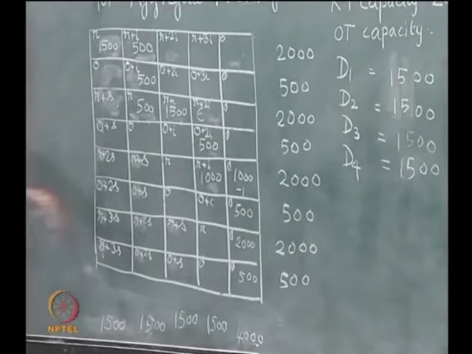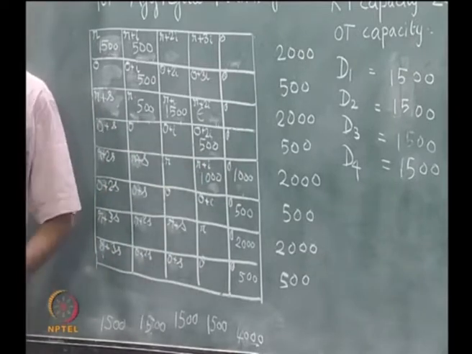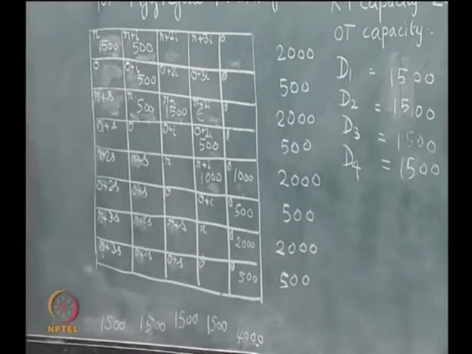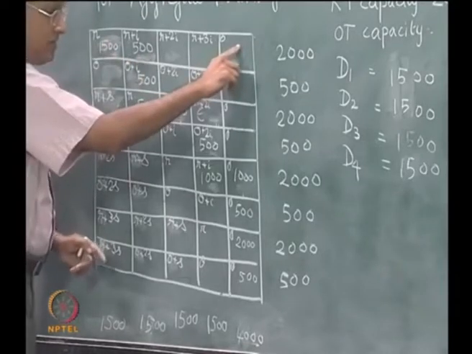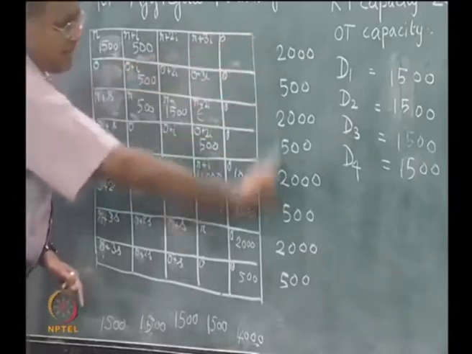We can still proceed by considering that the net change here is S plus I and keep proceeding towards optimality by applying the stepping stone method or the MODI method. The only difference is that if we apply the stepping stone method, in this case there are 5 columns, 5 demand points, and 8 rows.